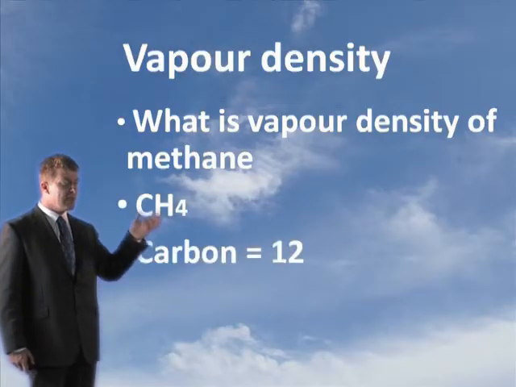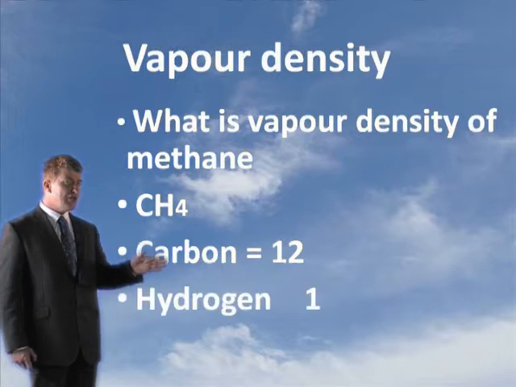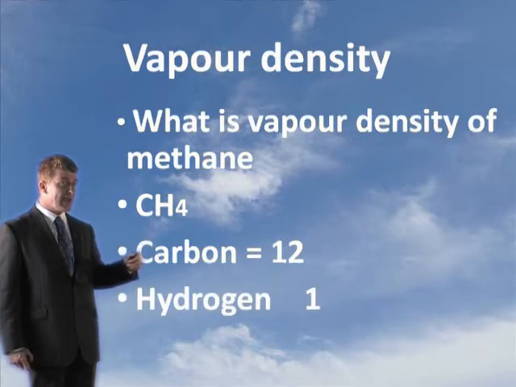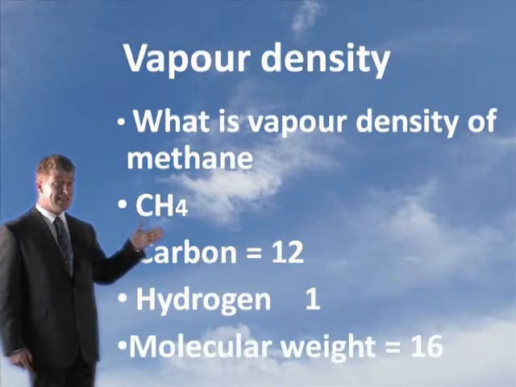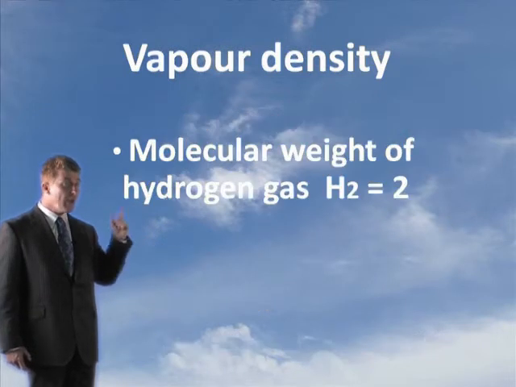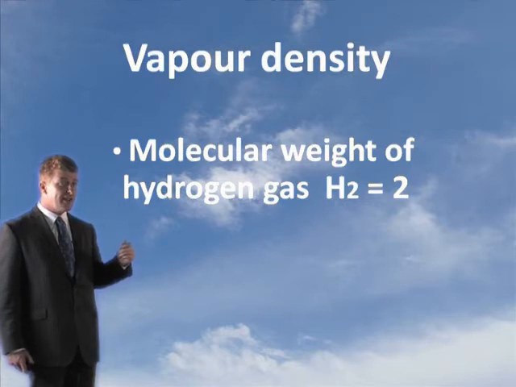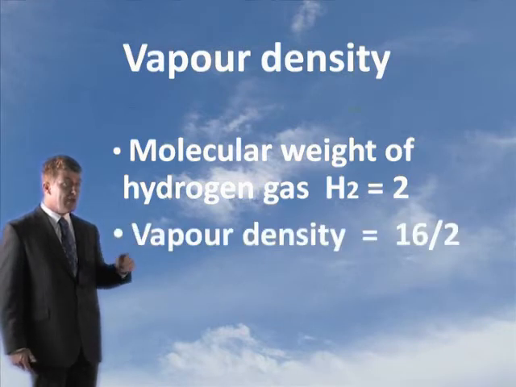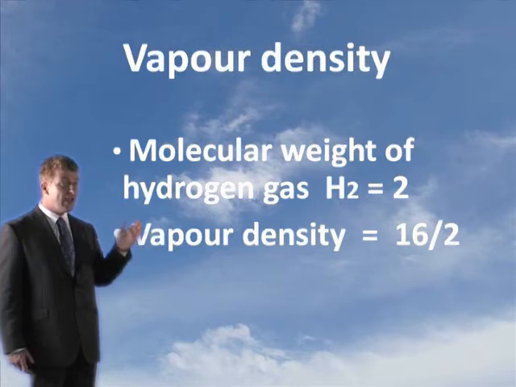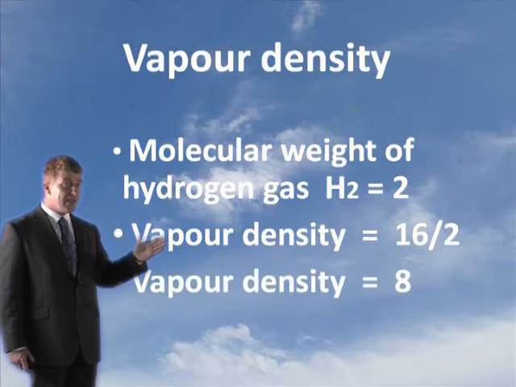The carbon molecular weight is 12. Hydrogen is 1 and there's 4 of them. So that gives you a molecular weight of 16. Well, the molecular weight of hydrogen is 2 because there's 2 hydrogens. So that gives you 16 divided by 2. The vapour density of methane is 8. Methane is 8 times heavier than hydrogen.